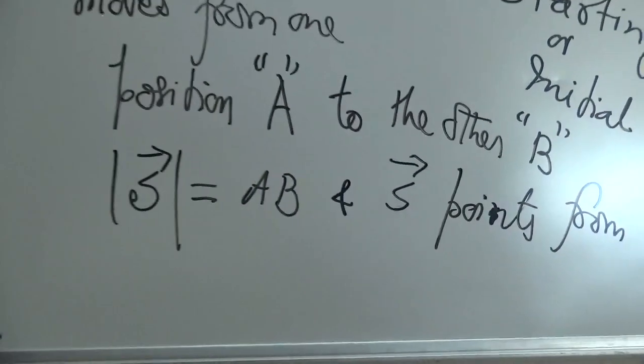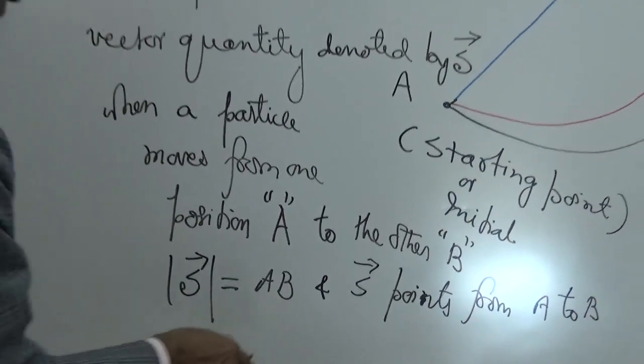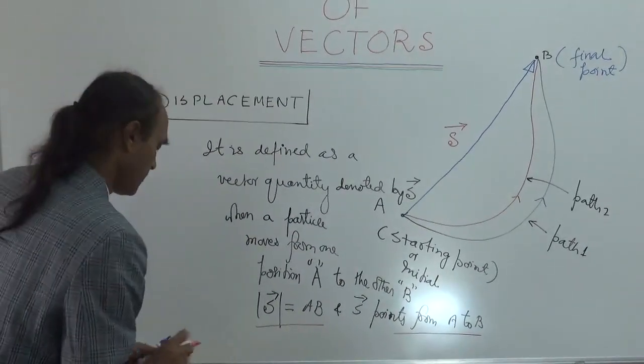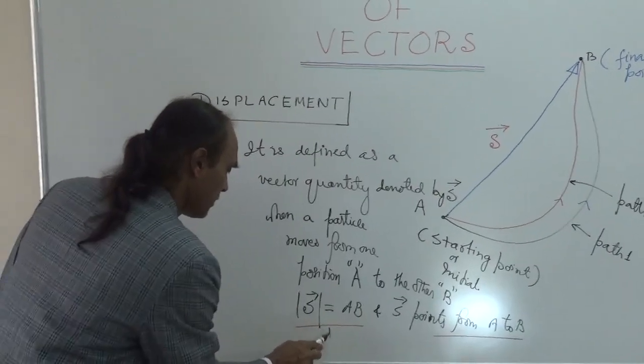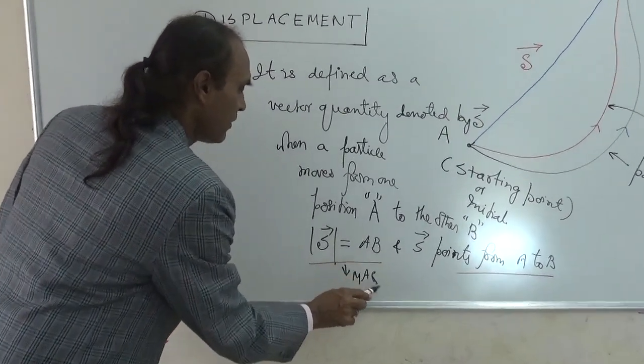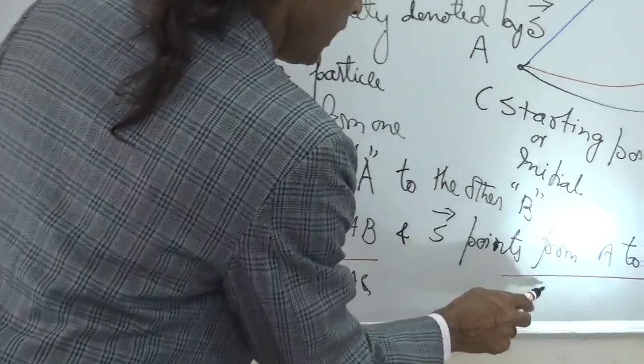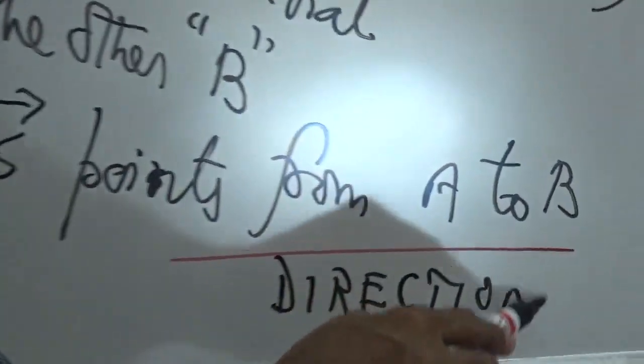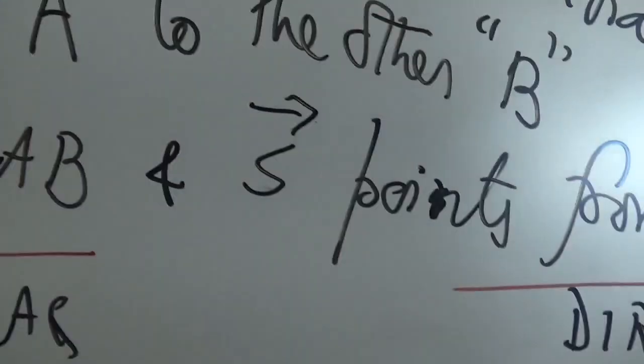This is the magnitude and this is the direction. When we have the magnitude along with the directional nature, we can call it a vector quantity.